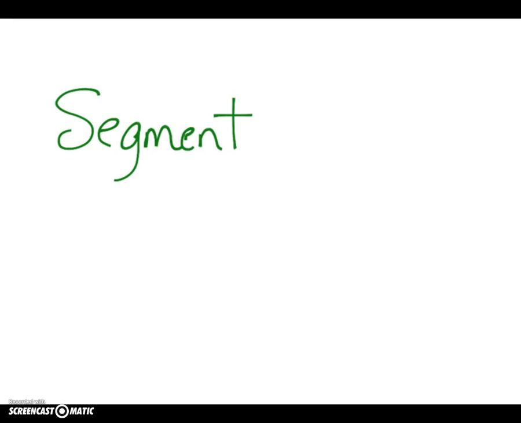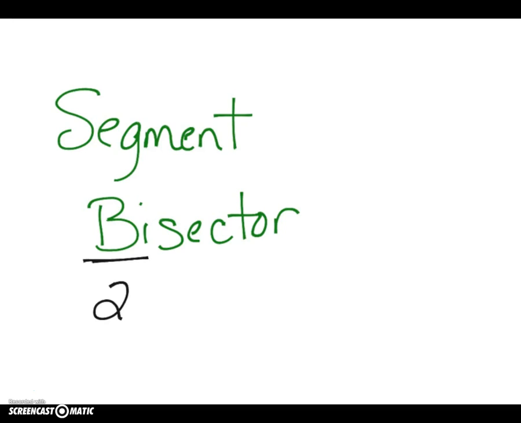Okay? Next, we have another term, and that term is what we call a segment bisector. You can find it in your book if you're interested. It should be on page 27, but we need to talk about what a bisector is, because that term is a math term that's going to show up several times. We know that the prefix bi means 2, and sector means that we have divided it into parts.